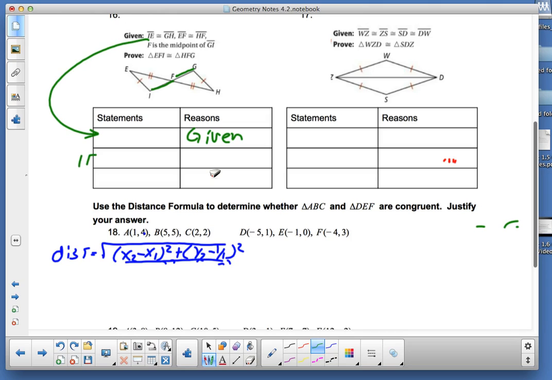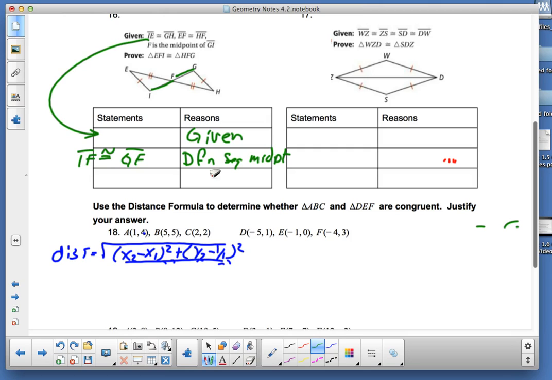I got IF is congruent to GF, and I got that by definition of segment midpoint, or you could just say midpoint, because we only have midpoints of segments. We have angle bisectors, and angles are bisected, so we talk about the definition of angle bisector if we're cutting an angle in half.